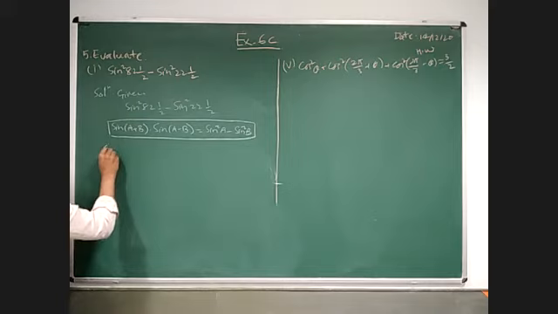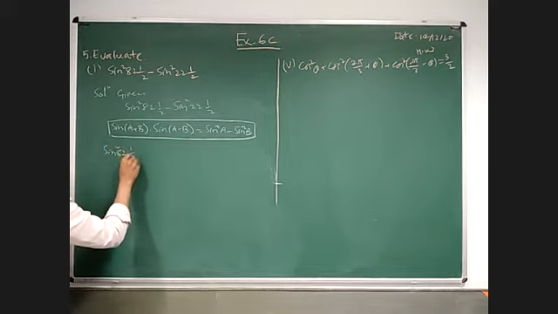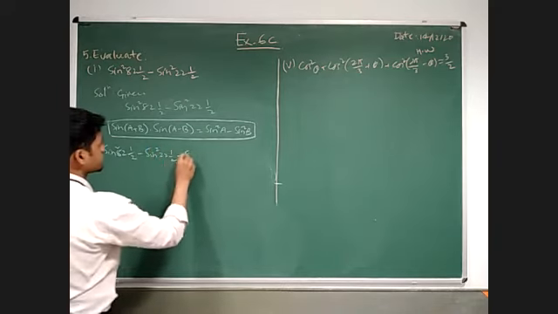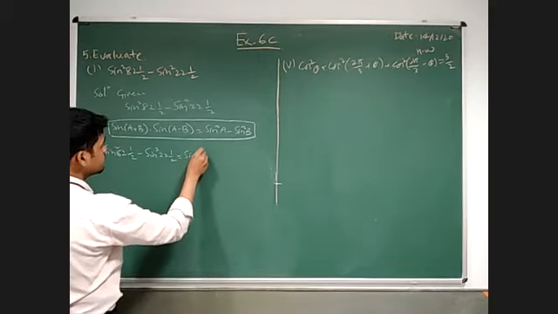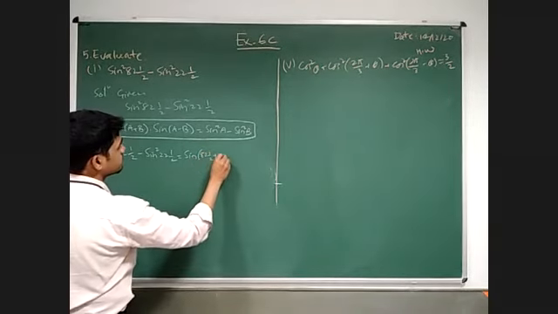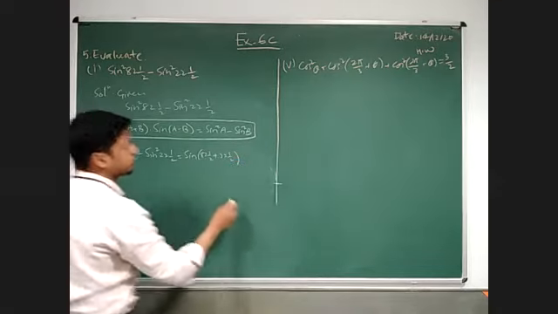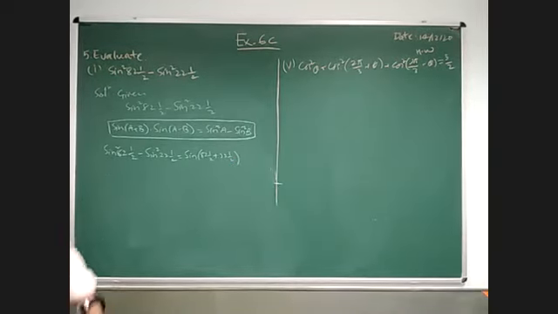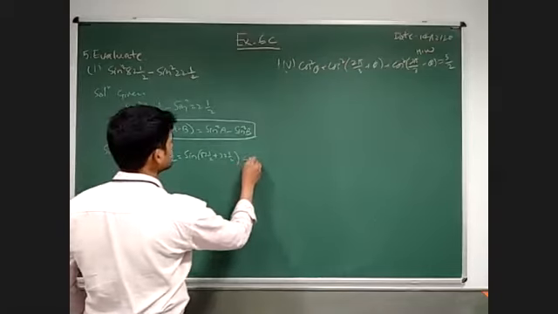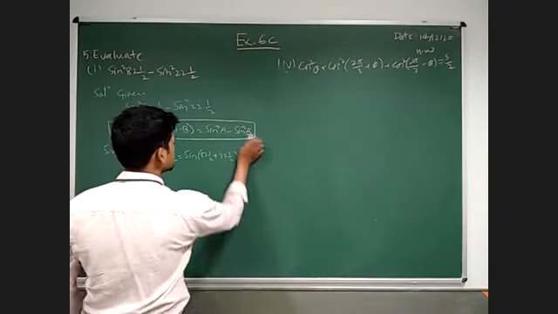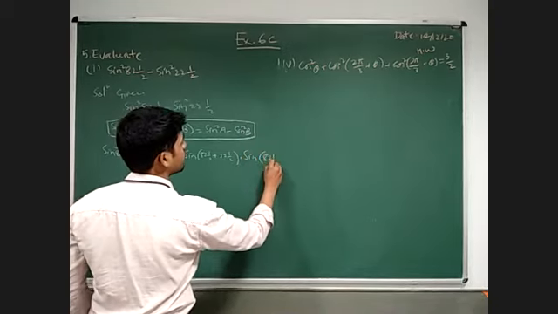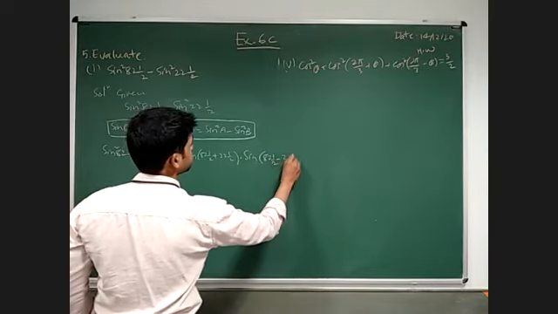So if I am going to use it, sine square 82 half minus sine square 22 half will be sine (82 half plus 22 half) into sine (82 half minus 22 half).